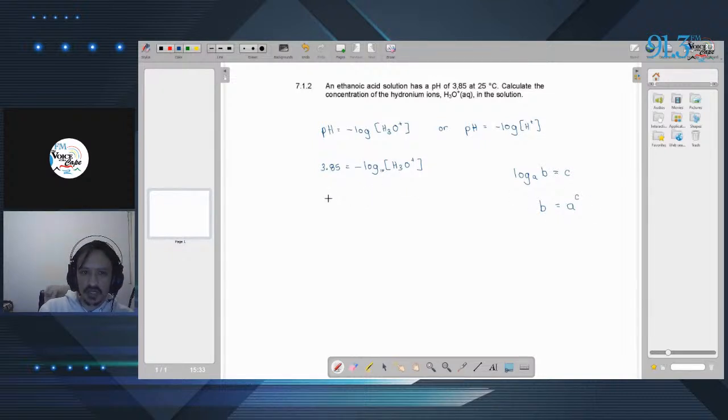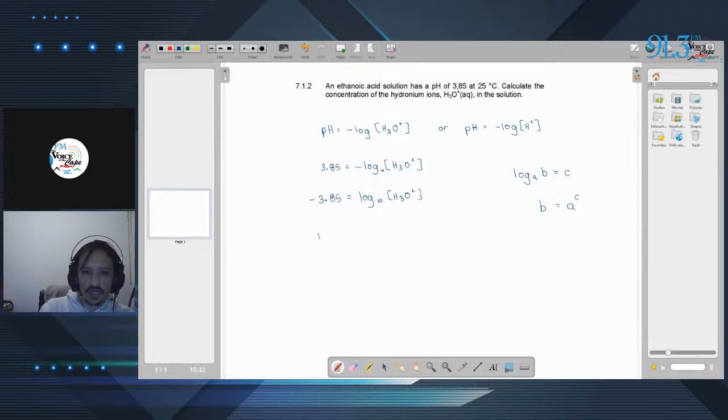So we know we've got the base 10, so we can write 10 over here. Okay. First, let me show you this. First, we divide by negative, so we're going to get negative 3.85 is equal to log. Remember, if they give you no base value by the log, it's always 10. To the base 10, H3O plus.